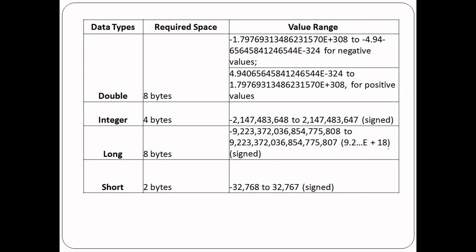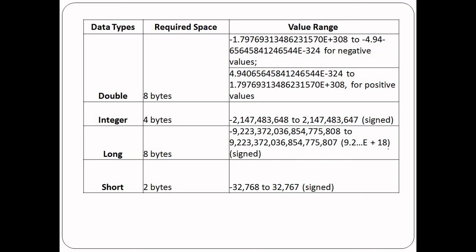So for general data that we accept, a routine number without decimal point, we can go for integer. We can declare our variable with this data type called integer if you are accepting a routine number like your roll number, like your subject marks, etc. We can use this data type.